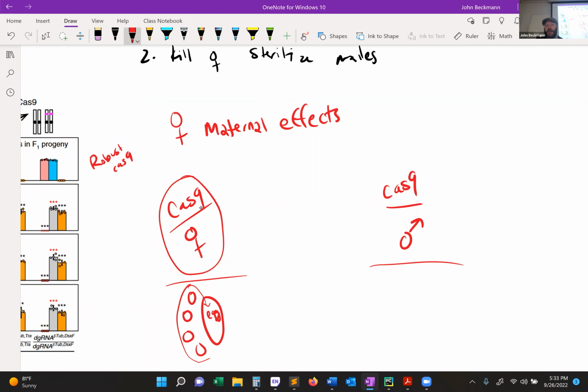Contrast that to what's happening if you express Cas9 in the male. If you express Cas9 in the male, okay, it's got to essentially end up in a sperm cell. The problem with delivering things in sperm is that as sperm is developing, transcription essentially shuts down.